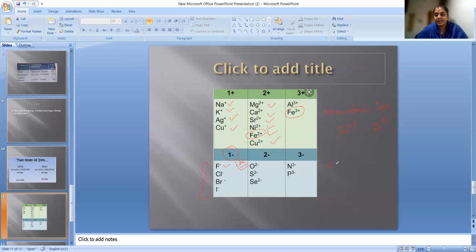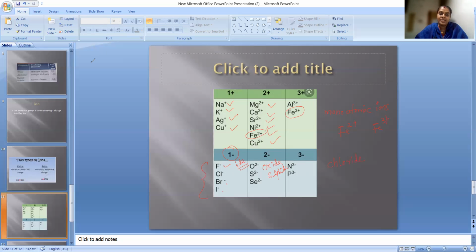Cl minus, we will write chloride, bromide, iodide, oxide, sulfide. So the name will end with IDE if the ion is negatively charged. This is nitride, phosphide. All these we have to learn, because while writing the formula, we need all these charges.